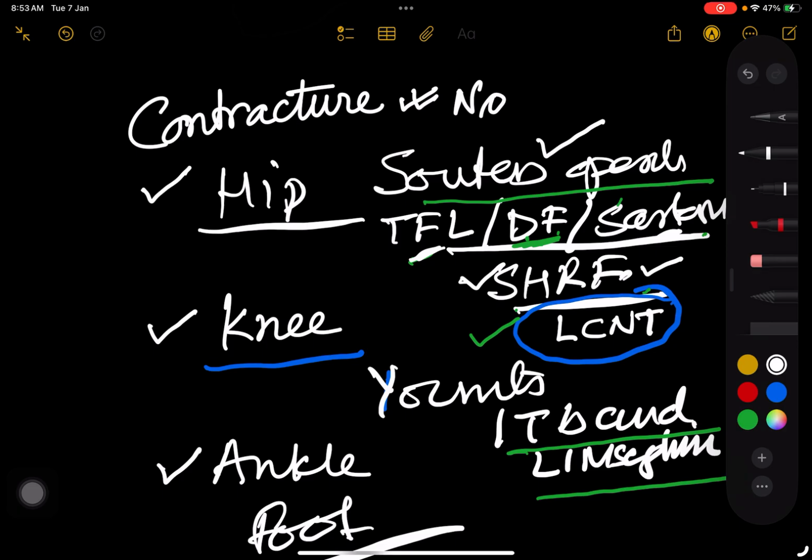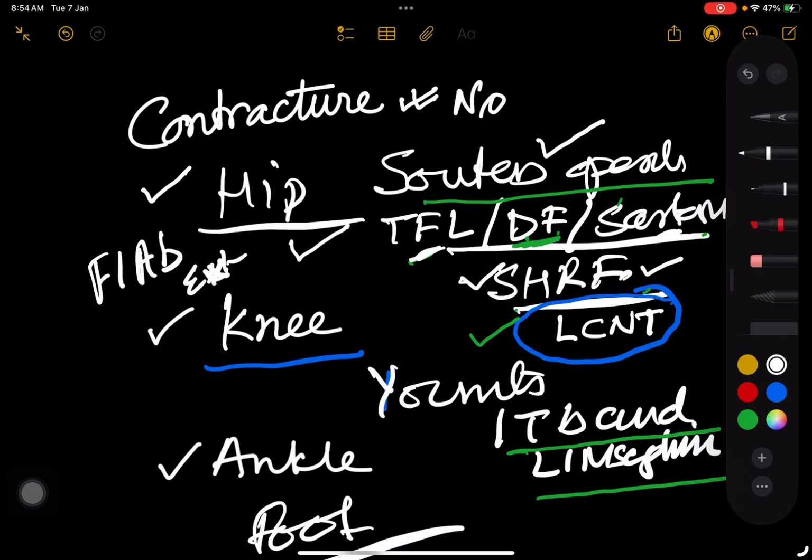So this is Soutter's operation, which will release the flexion, abduction, external rotation contracture at the hip, like the tailor sits cross-legged. So that contracture is released by Soutter's operation.